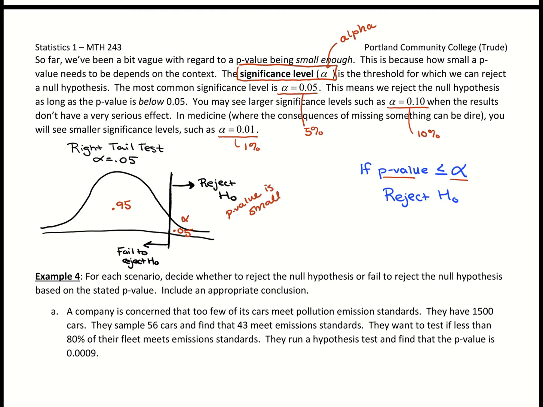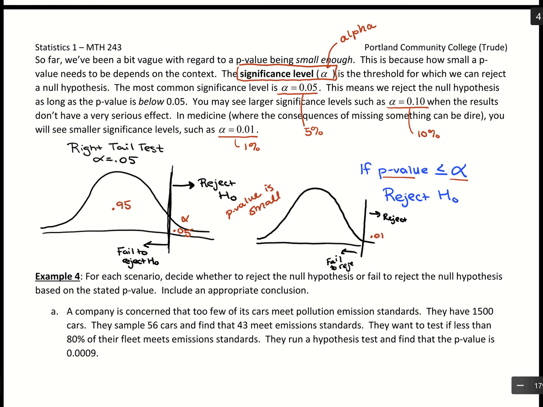So if I went to use a significance level of 1%, what that would do to my graph here is push out this spot where I start to reject and fail to reject further out into the tail, so that I'd only have this 0.01 spot, which means anywhere to the right I would reject, anywhere to the left I would fail to reject.